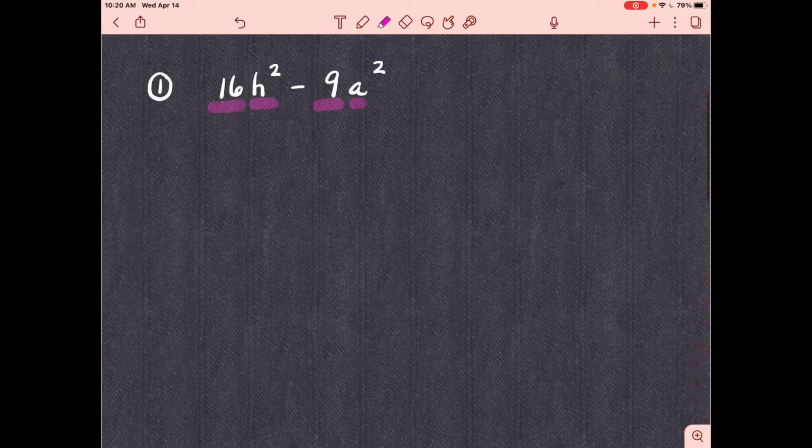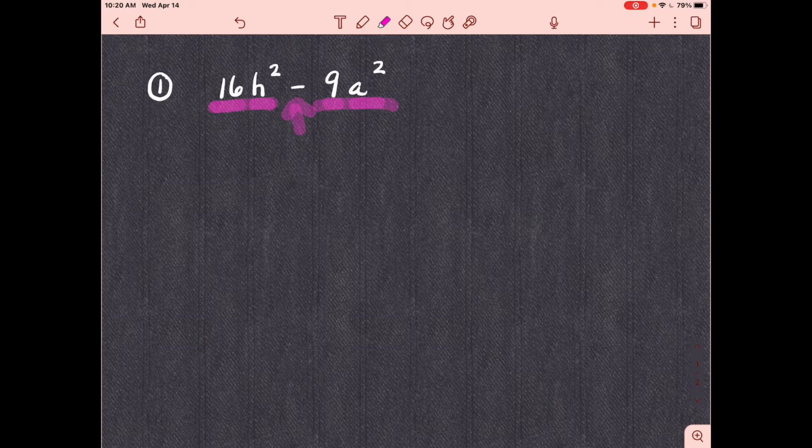And a squared is a perfect square, a times a is a squared. And we have a minus in between. So we call this a difference, that means subtraction, of two squares. And 16h squared and 9a squared are both perfect squares.